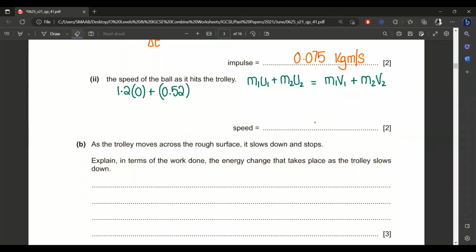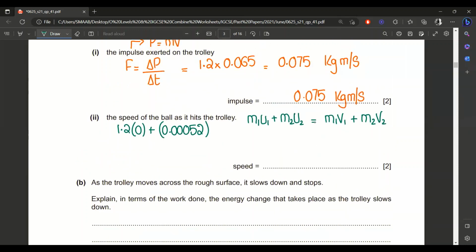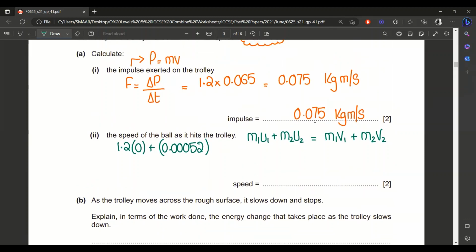Yes. So 0.00052, and the initial velocity of the ball is what we need to find out.